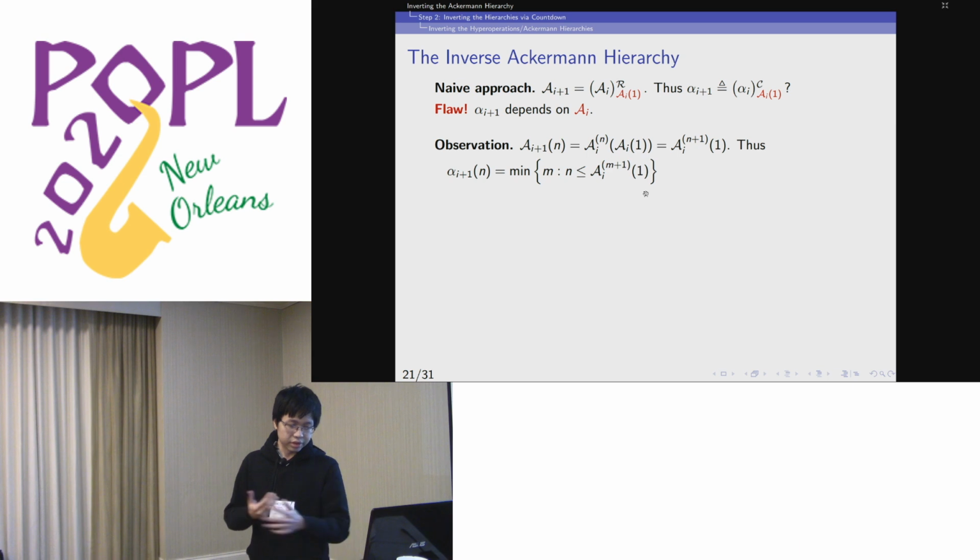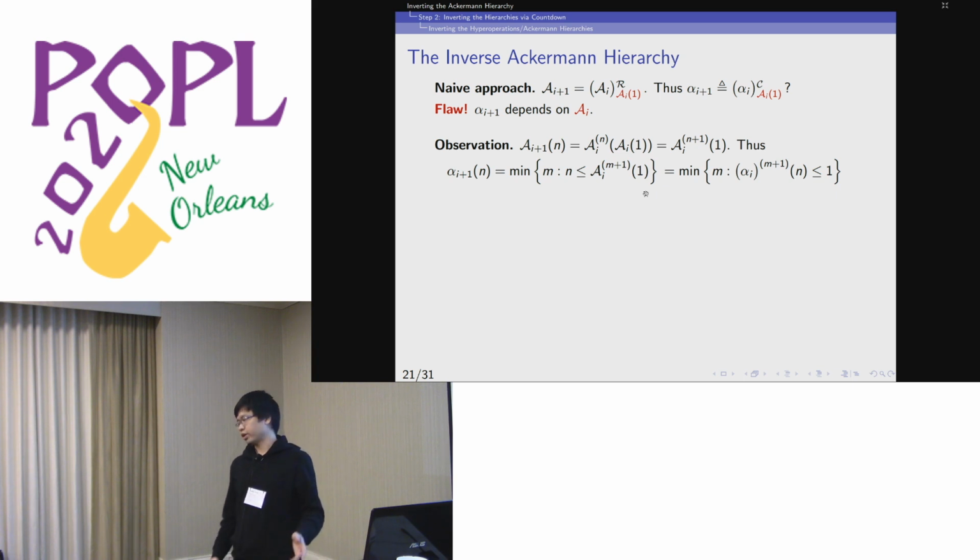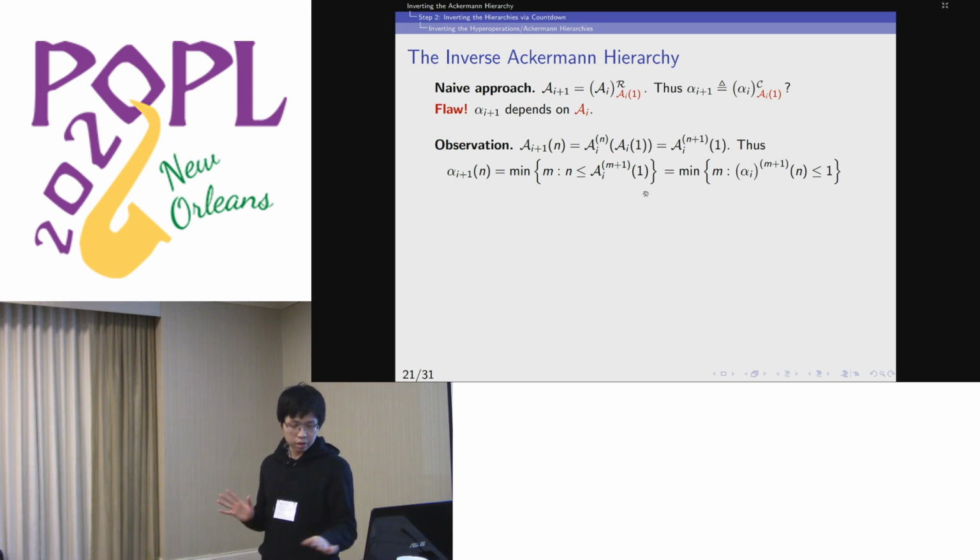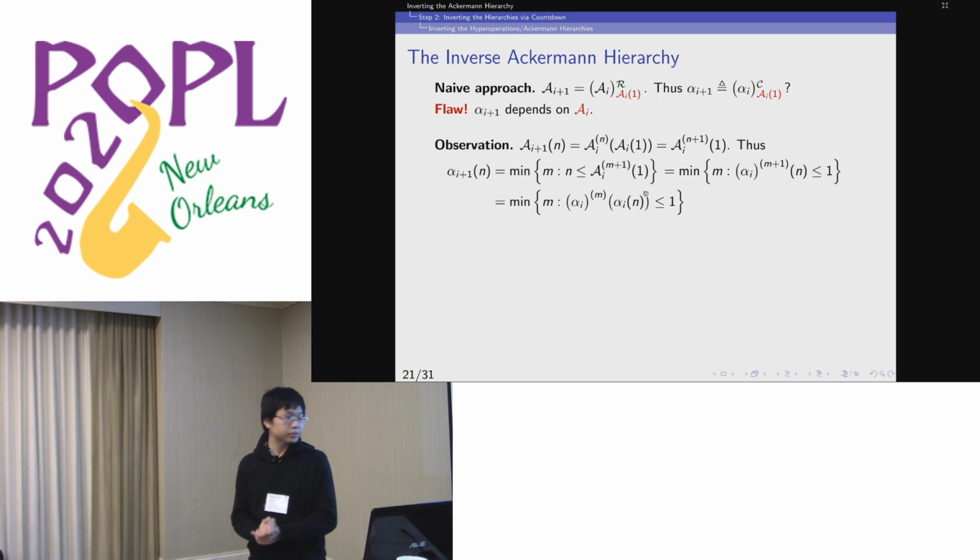So this is the manipulation that we've done to redefine alpha I plus 1 of n. We start with this definition, and then you can transfer all the alpha I from the right to the left because we have the upper inverse relation. And so we can split m plus 1 to m times outside and alpha I of n inside.